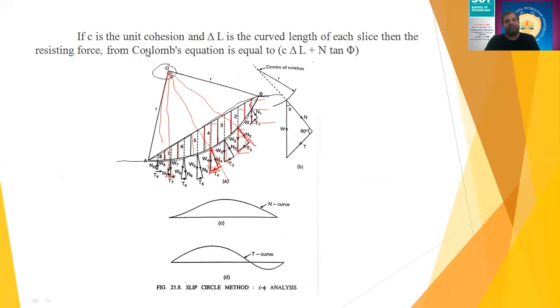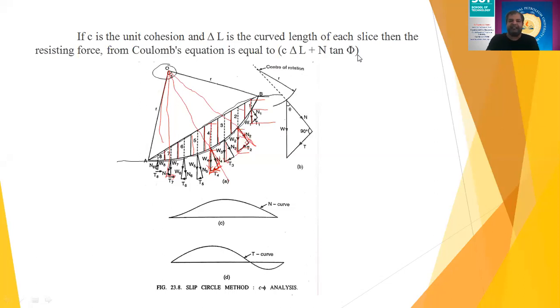Now if the cohesion and the delta L, so each length of this slice, I'm supposed to say it is a delta L. If you sum up all these delta L, it will give you the L arc, right? So as per Coulomb's equation, you can go towards this C into delta L, which is the length of the particular strip, which is this, plus the normal component into tan phi.